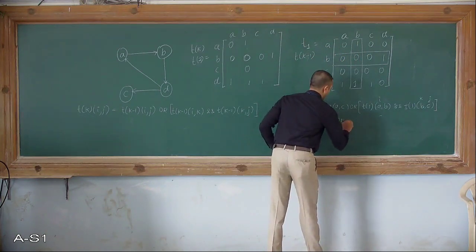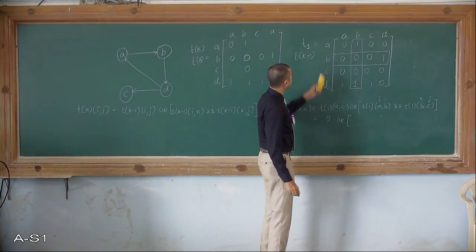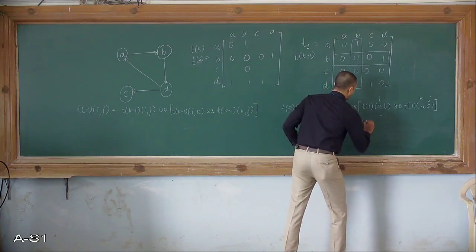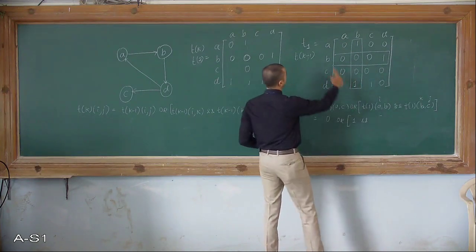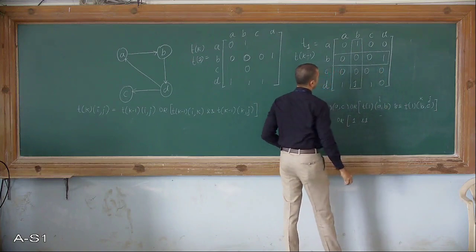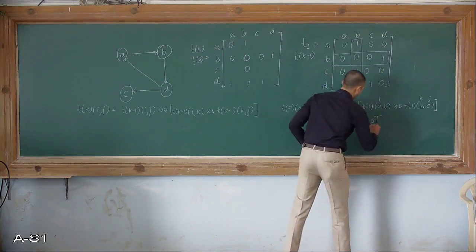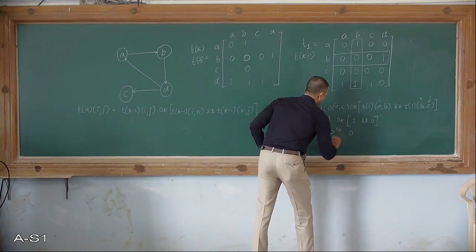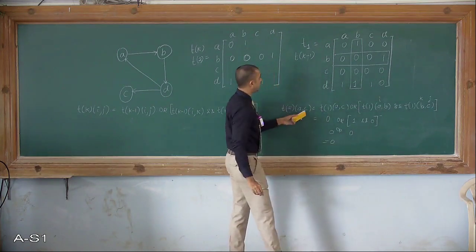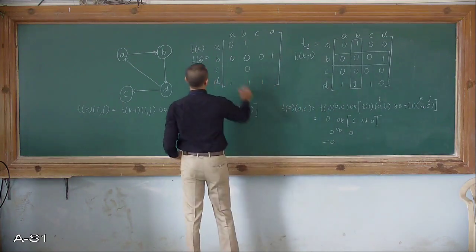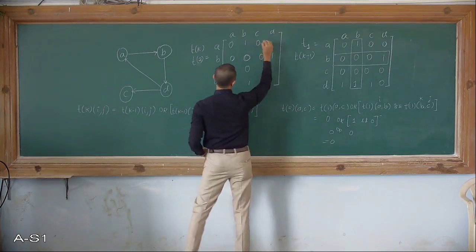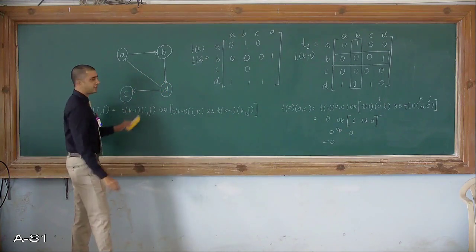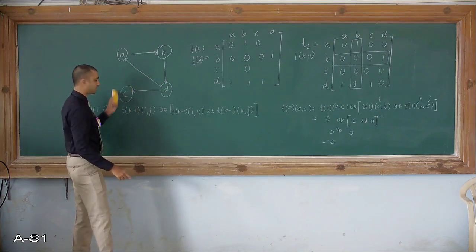Or T1 A to B. A to B, do I have an edge? Yes, so it is 1. And B to C, do I have? B to C is 0, so this is 0. So 1 and 0 is 0. 0 or 0 is 0. So in T2 A to C, I'm going to write 0. Okay. I don't have an intermediate vertex through which I can reach C from A.